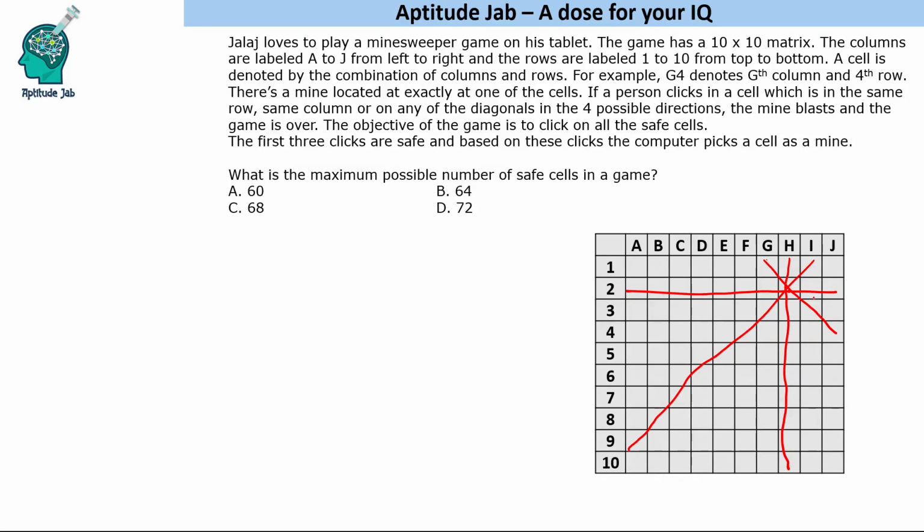So as we move towards the corner the number will reduce. Suppose I put a mine here, so all these will be unsafe. Rows and columns are obviously unsafe. This row and this column is unsafe, right?